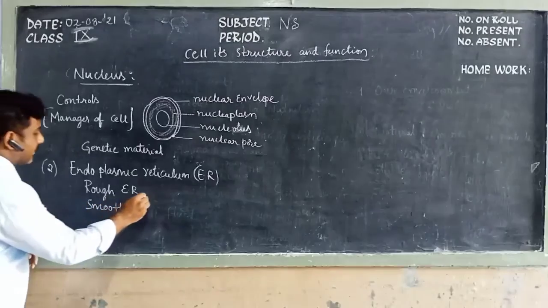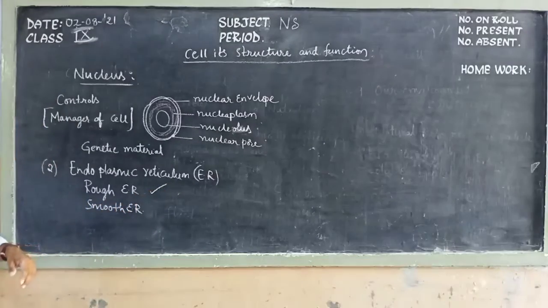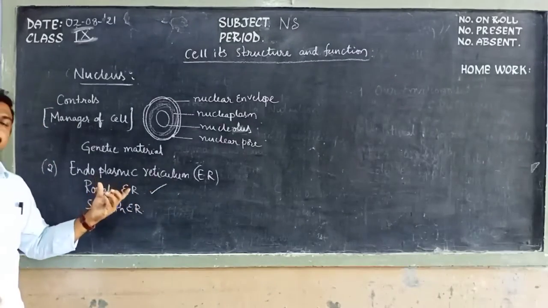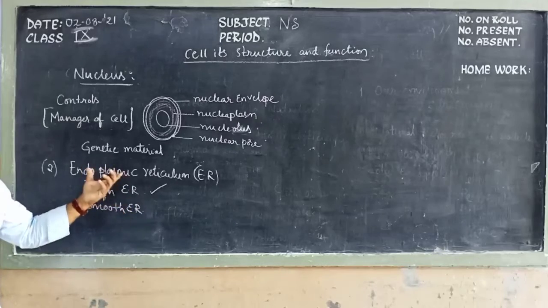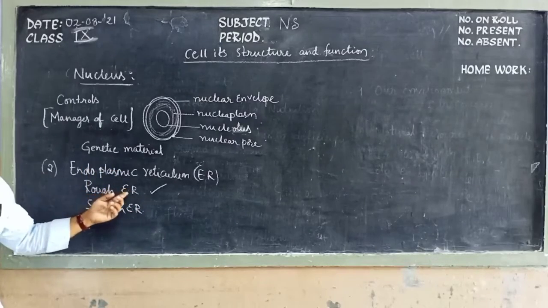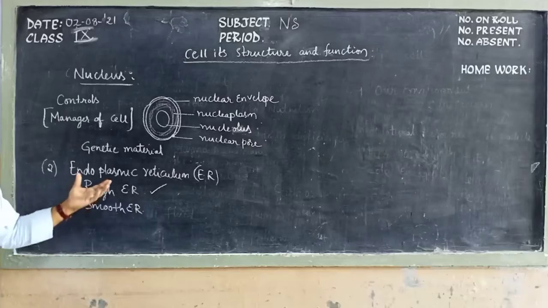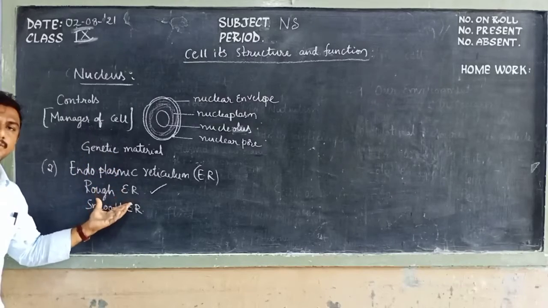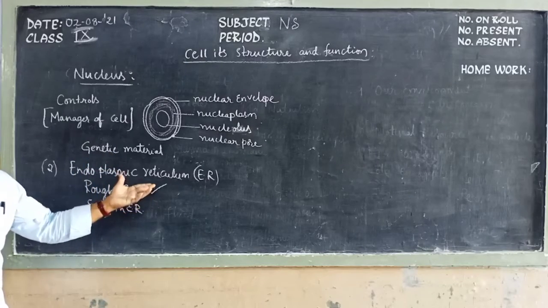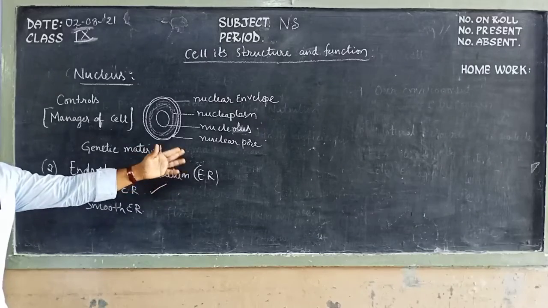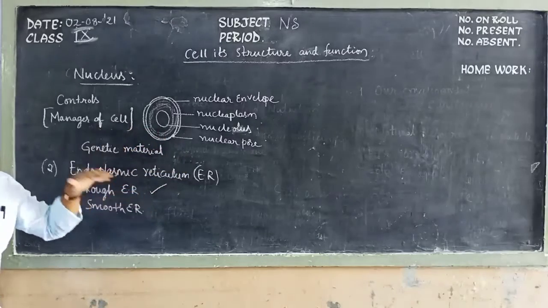If ribosomes are present on the endoplasmic reticulum, it is called rough endoplasmic reticulum. It transports the proteins to the cell or inside the cell organelles.